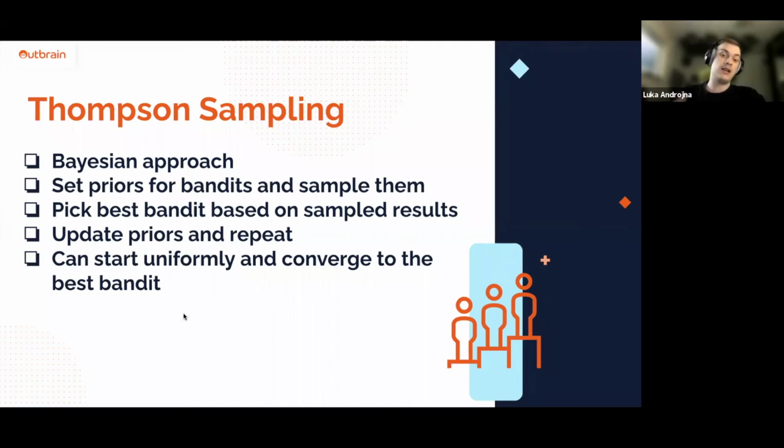Of course, like I said, you can start off with uniform priors, but if you have any prior knowledge about the problem or the groups that you are using, you can also tweak it so you have custom priors that will give you faster convergence into the best groups while still exploring everything else.